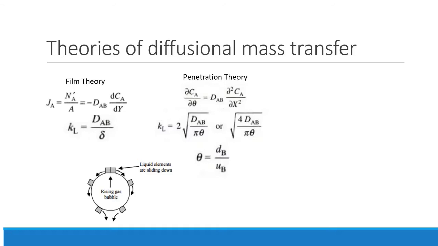Thus, the penetration model predicts that KL varies at half power of DAB, unlike that predicted by film theory, where KL is directly proportional to DAB.